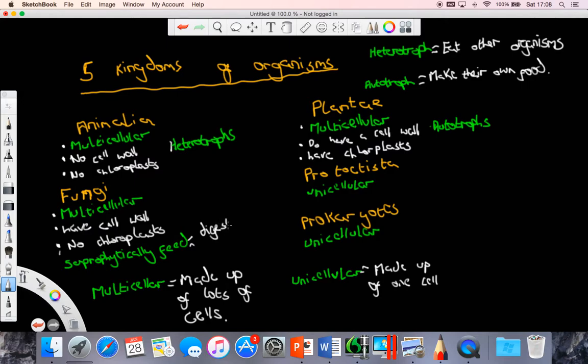So if an organism is multicellular, it does have a cell wall like a plant, but it has no chloroplasts like an animal, and it saprophytically feeds, chances are it's a fungi.